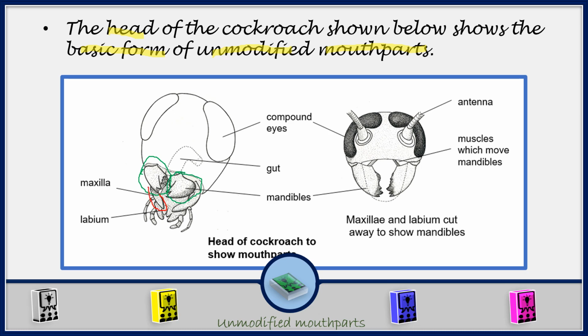This side we have the maxilla, and we have seen that the third part is the labium. This lower part here is what we are calling the labium. So those are the basic form of unmodified mouth parts shown by the head of the cockroach.